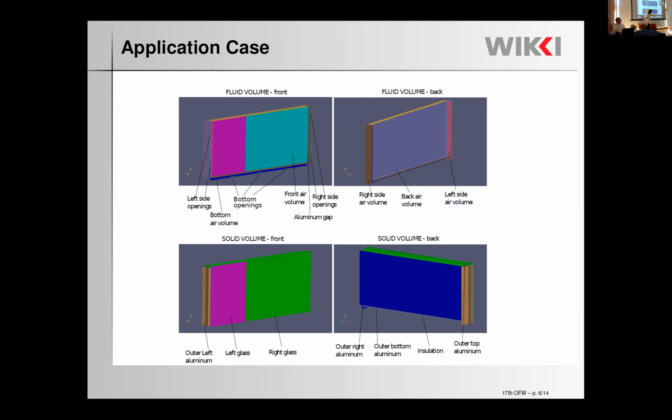From the back side, there is an insulation that is modeled by the set of parameters that correspond to the material. You can see here that I mentioned the aluminum gap by the side of the air volume behind the glass, and this is the part that separates the inside of the window into two air volumes. You will see this in more detail on the next slide.